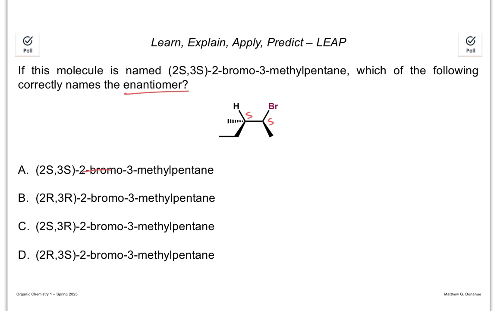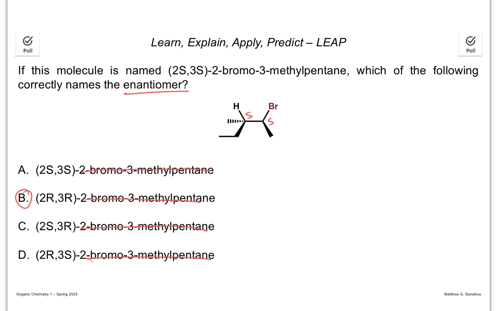Again, all of this stuff's the same, so you're not evaluating on that. What's the definition of an enantiomer? A mirror image stereoisomer. So every CIP designation has to be the exact opposite. So you would get choice B, 2R, 3R.